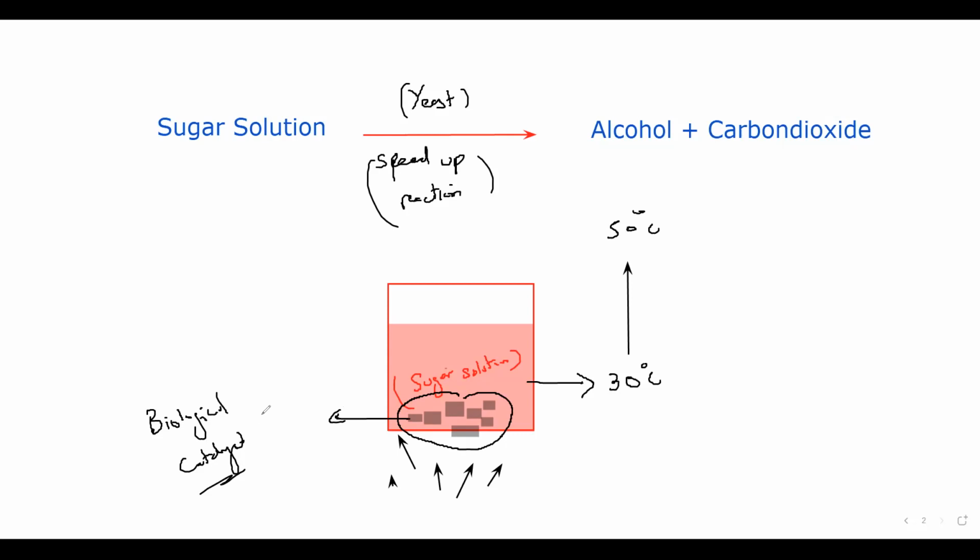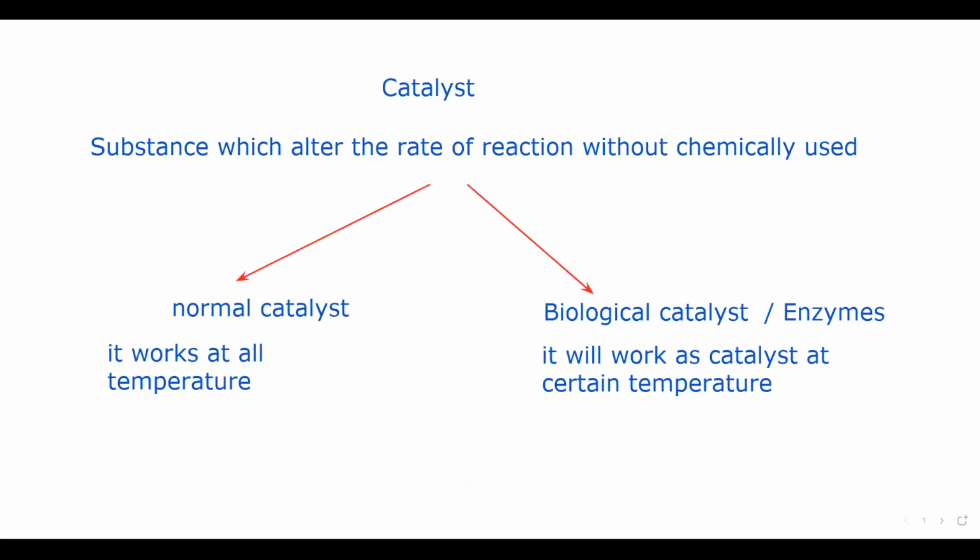At 30 degrees it was working fine, but at 50 degrees it is not working. So when a catalyst works only at a certain temperature, we call that a biological catalyst. Almost all biological catalysts are organic molecules. Is the concept of biological catalyst clear?